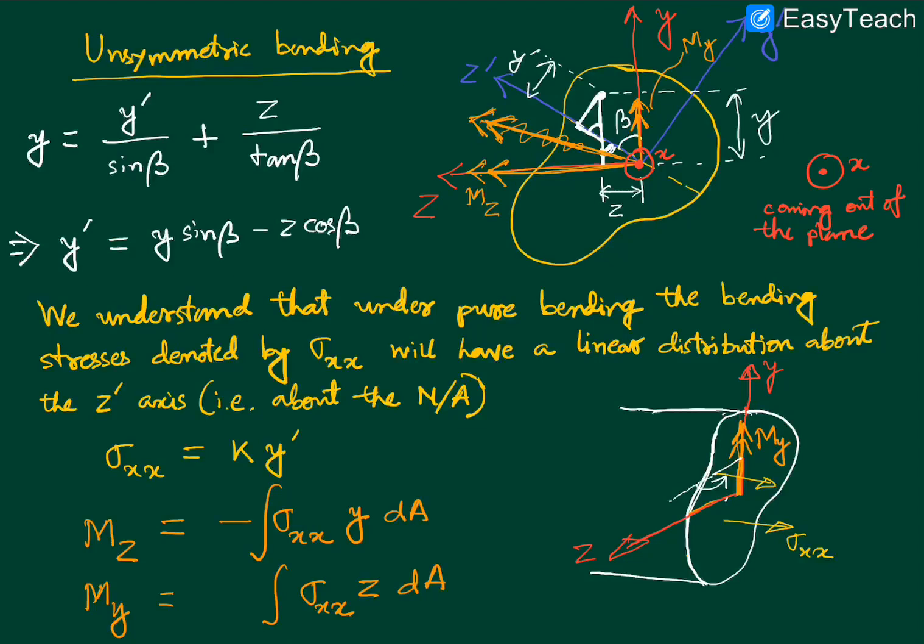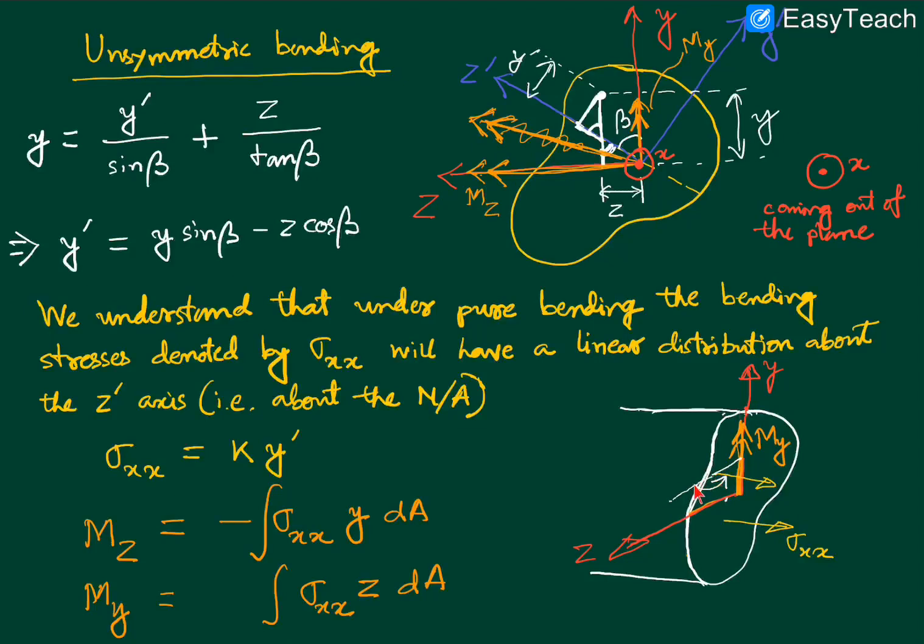I repeat, for this sigma xx, for calculating the moment about the y-axis, I need my moment arm to be this one, so this is the z.